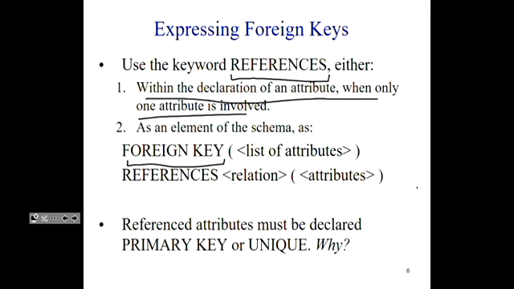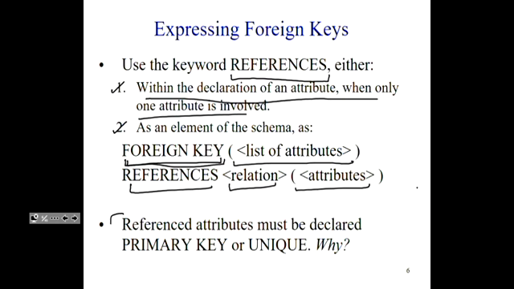If it is across multiple attributes, you list it as part of the schema, at the end of the list of attributes. Okay, so this is just like that. So you either have it within the declaration of an attribute when only one attribute is involved, or as an element of the schema where you say foreign key, blah, references, relation, and then parentheses, attributes. Okay, so this is the syntax.